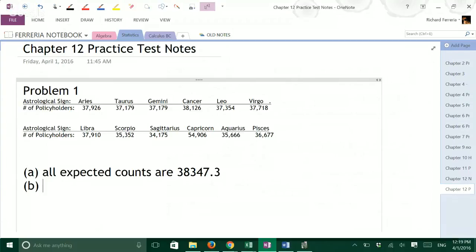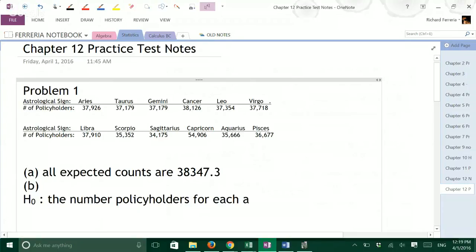B, write a null and alternative hypothesis for a chi-square analysis of the data. So, null hypothesis: the number of policyholders for each astrological sign is the same.